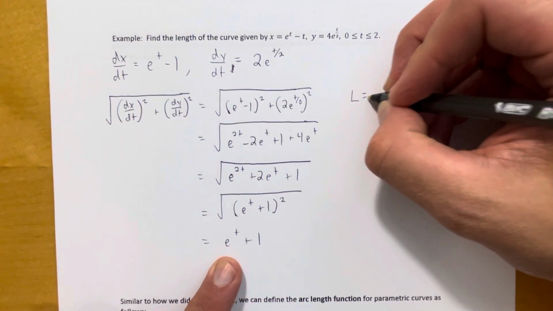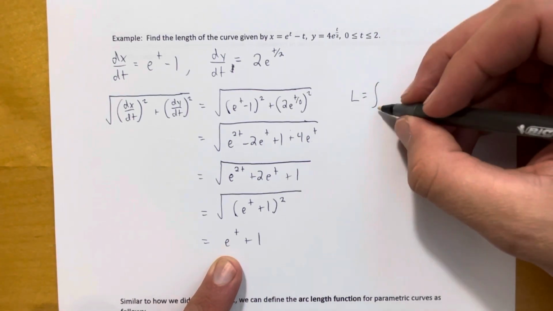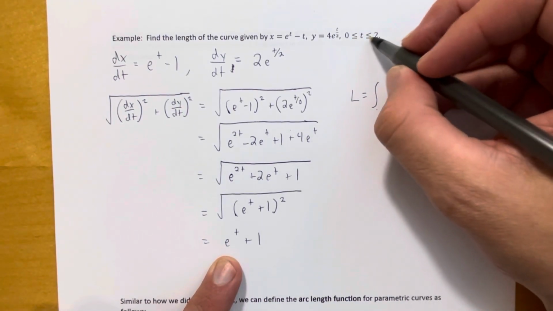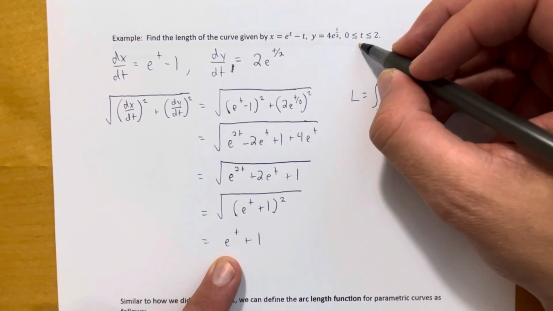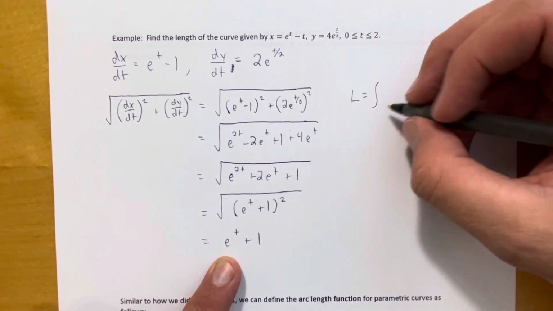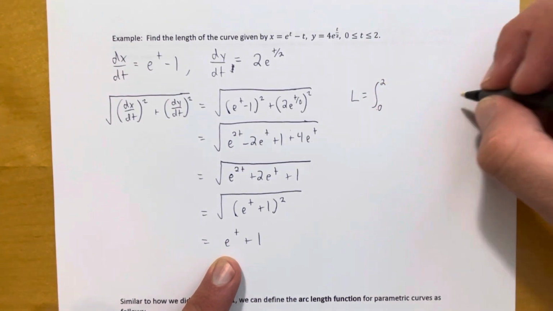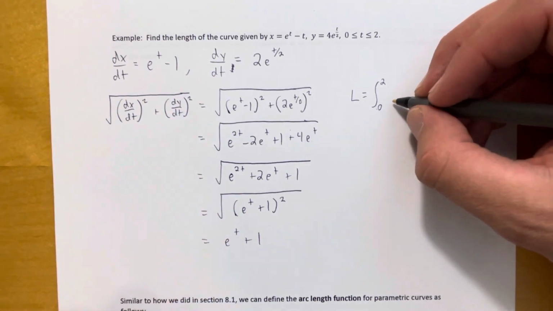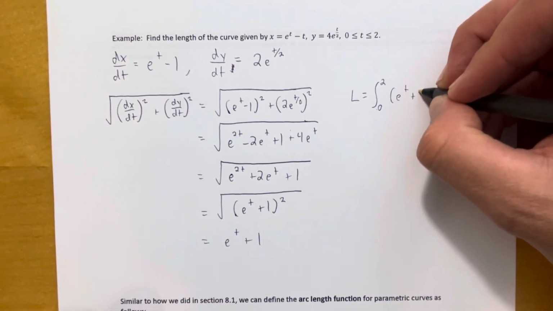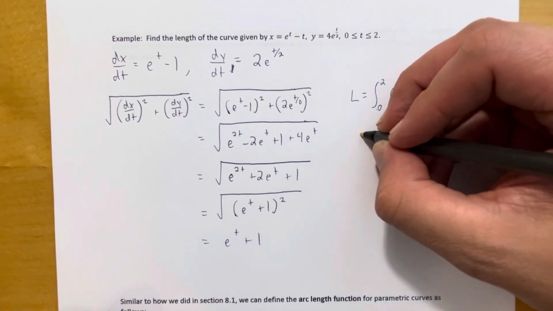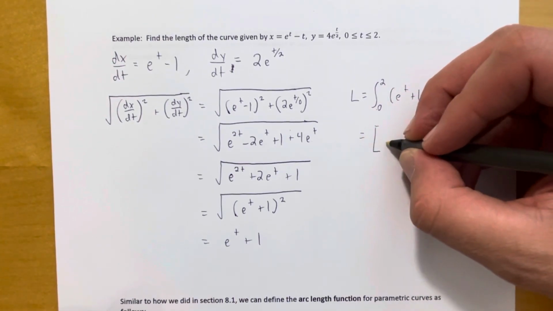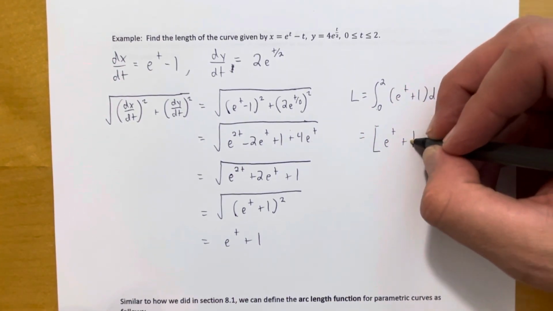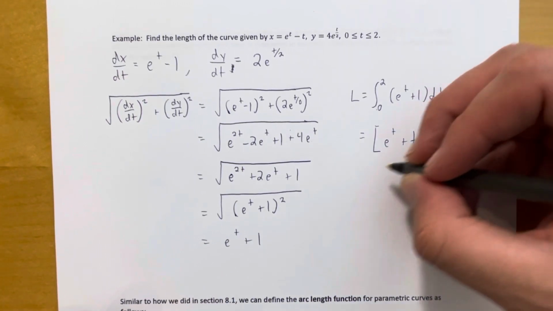So now for arc length, we have an integral. Our limits of integration come from the endpoints of my parameter interval, so it's 0 to 2 in this case. Here's my integrand. We did all the work to figure out what that needed to be. The integral of e^t plus 1 dt is e^t plus t from 0 to 2.